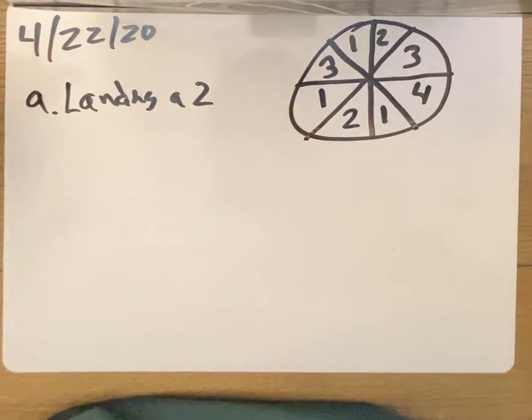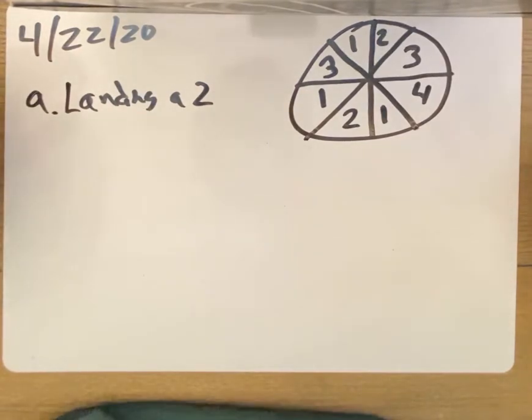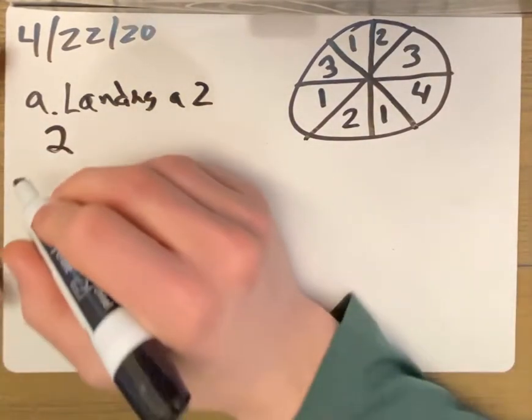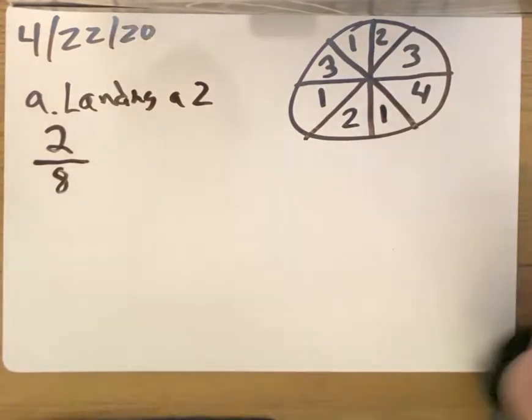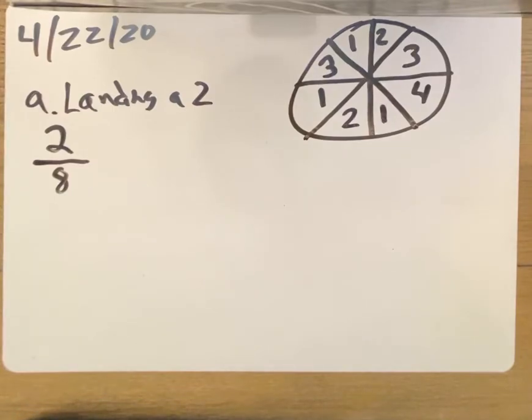So what does that mean? I have 2 chances of spinning a 2. Remember, we're putting the possible over the total. So I have 2 possible 2s, and I have 8 total slices. So the probability of landing on a 2 is 2/8.